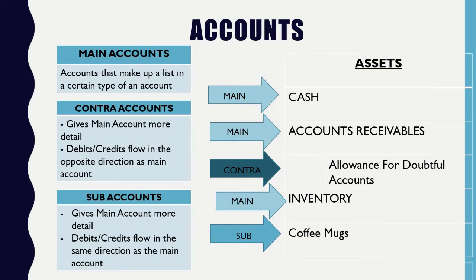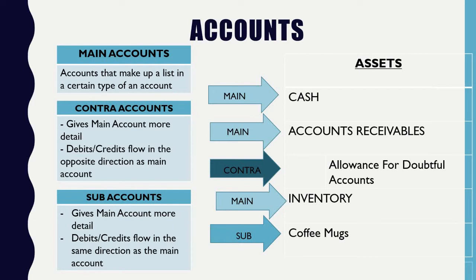okay. Now, to understand the difference between a main account, a sub account, and a contra account, the main account has a specific flow of transaction, and we'll talk about this when we hit the normal balance.